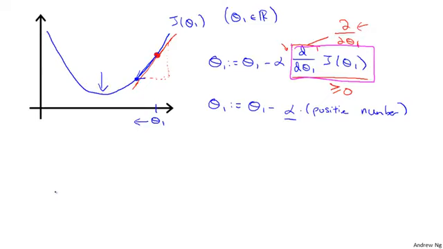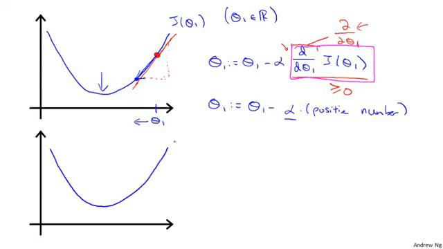Let's look at another example. Let's take my same function J and draw the same function J of theta 1. Now let's say I had instead initialized my parameter over there on the left. So theta 1 is here, at that point on the surface.